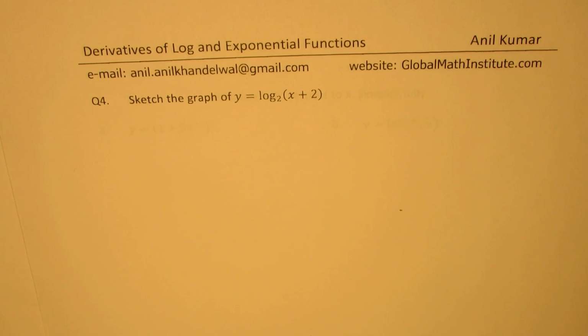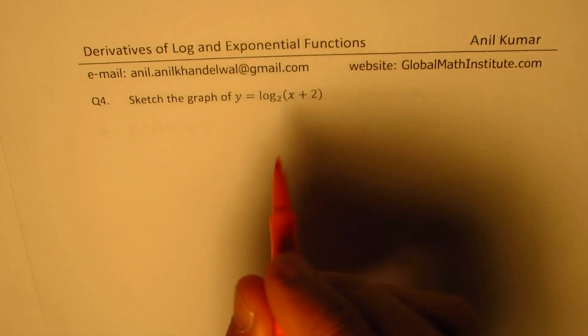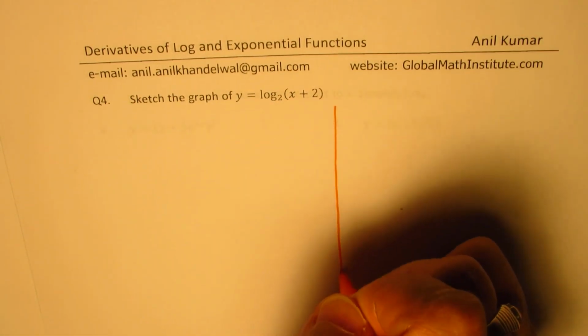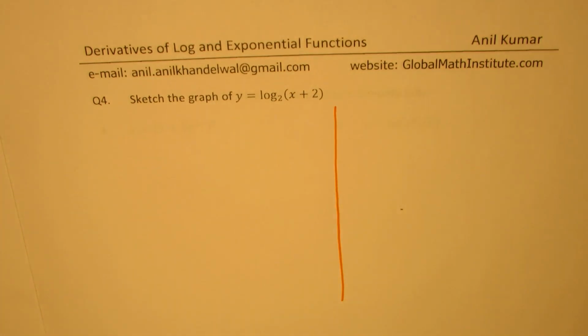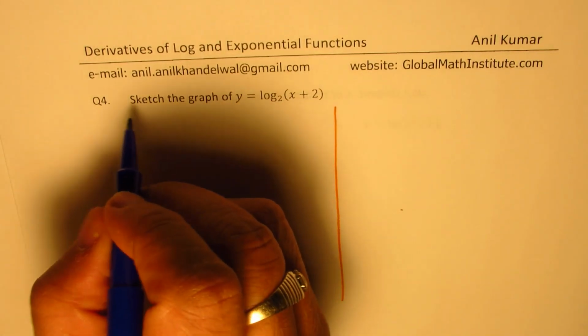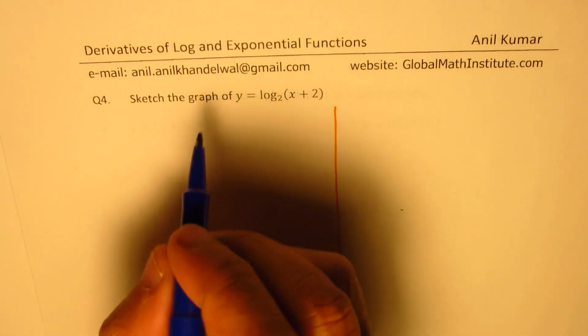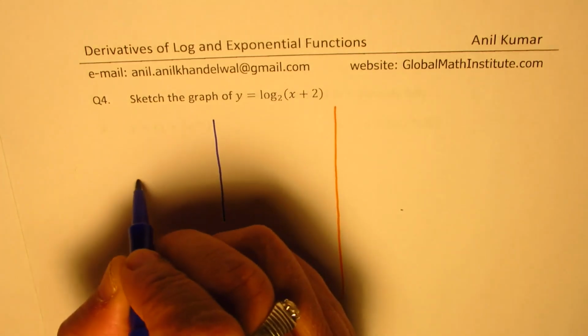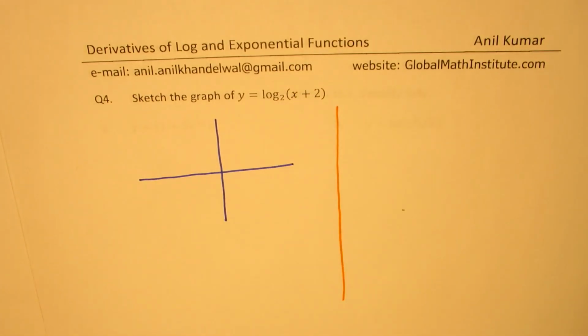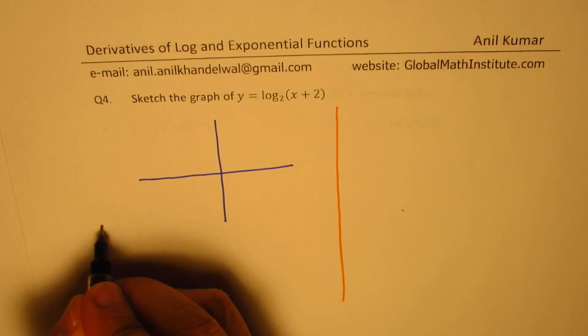The next question here is to sketch the graph of y equals log to the base 2 of (x plus 2). Let's discuss this graph a bit. We can actually graph it in two methods. The first method, which I'm going to do here, is to sketch the graph using transformations.